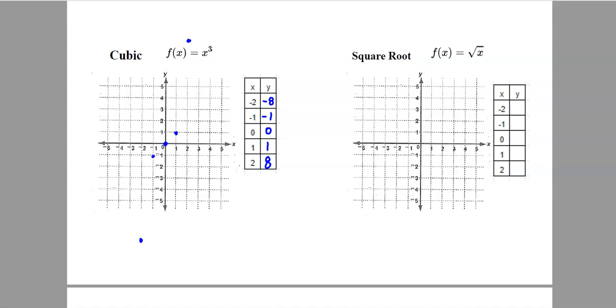And when you smooth this thing out, it ends up looking like something like that. And those are what cubic functions look like. You can shift them right, you can shift them left, you can flip them over the x-axis. You could do some sort of a compression.